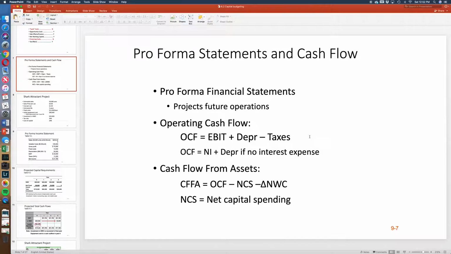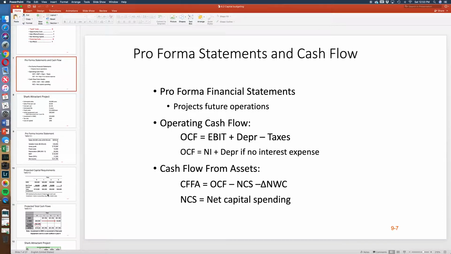The second method is called bottom-up. If in the capital budgeting plan there's no interest expenditure, then using bottom line net income plus depreciation, you get the same number as the top-down OCF. These are the two most commonly used operating cash flow calculations.